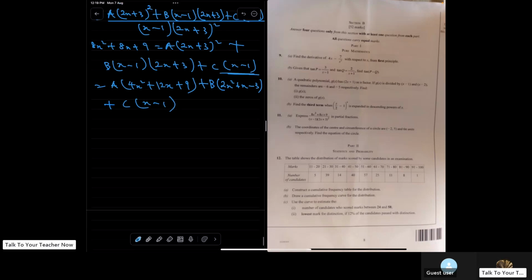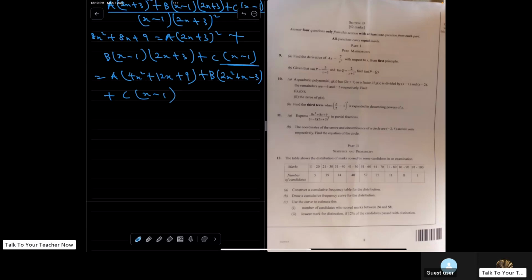So we now go to the next step to open. What do we have when we open? 8x squared plus 8x plus 9 equals, let's open the brackets now. 4ax squared.